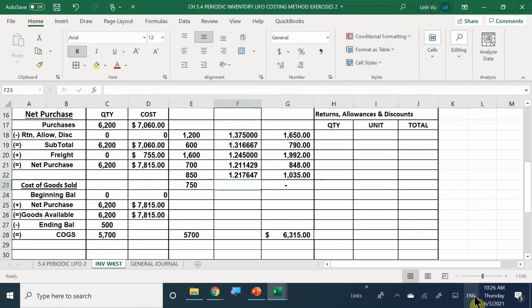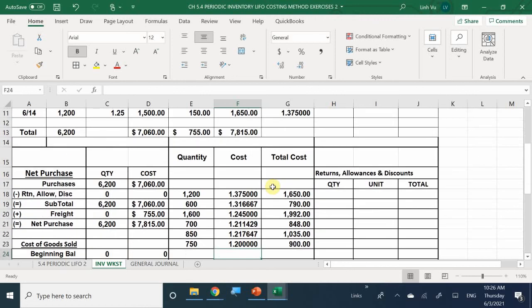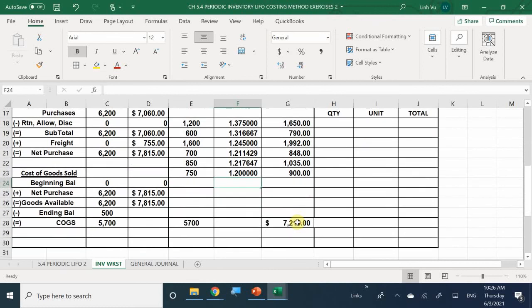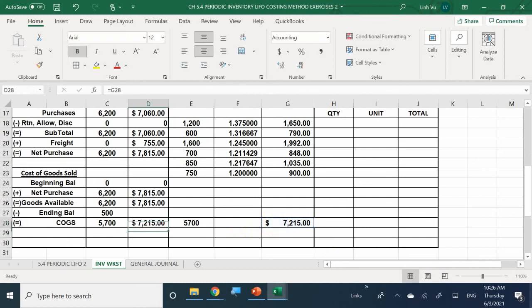750. And we only have one batch left. How much is it going to cost me per item? $1.20. So therefore, your grand total is $900. So in grand total, here we got 5,700 units at a total cost of $7,215 even.